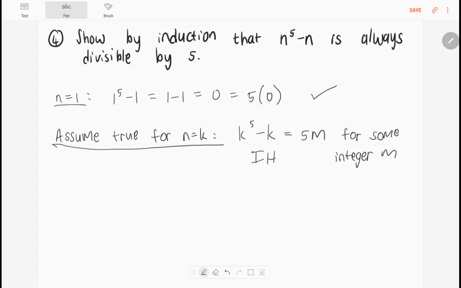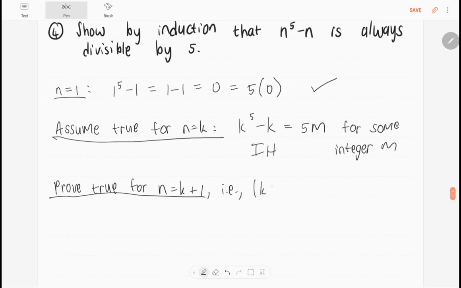Now, the next step is I want to prove that it's true for n equals k + 1. In other words, I want to prove that (k + 1) to the 5 minus (k + 1) is divisible by 5.